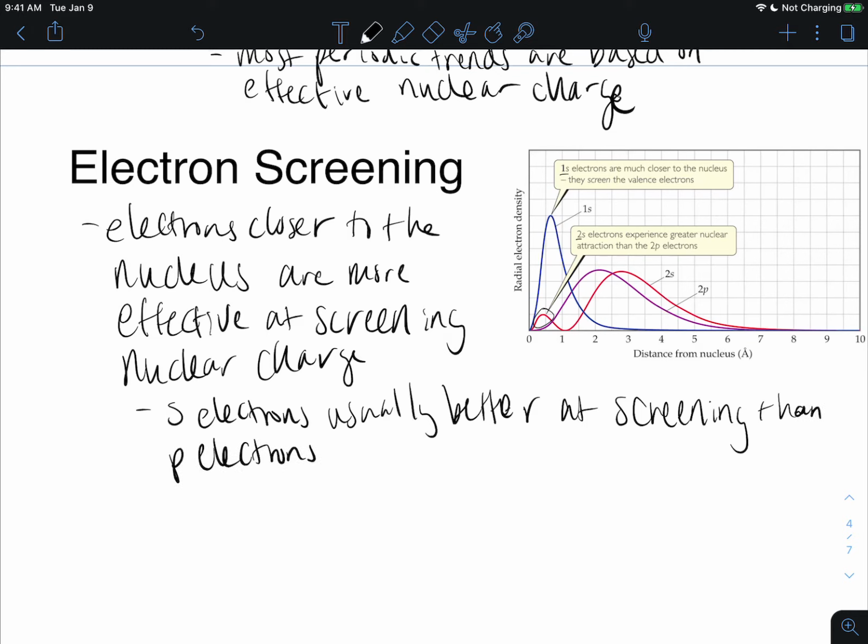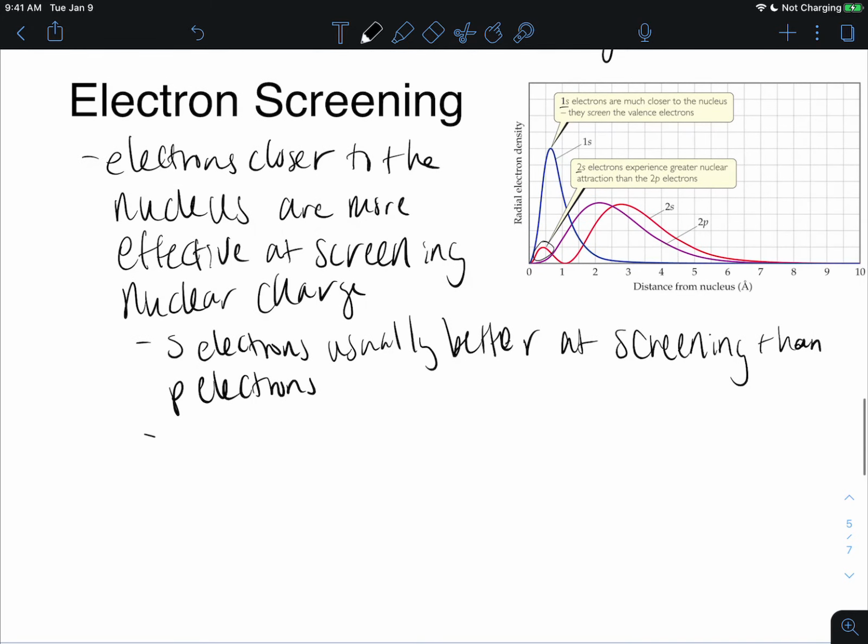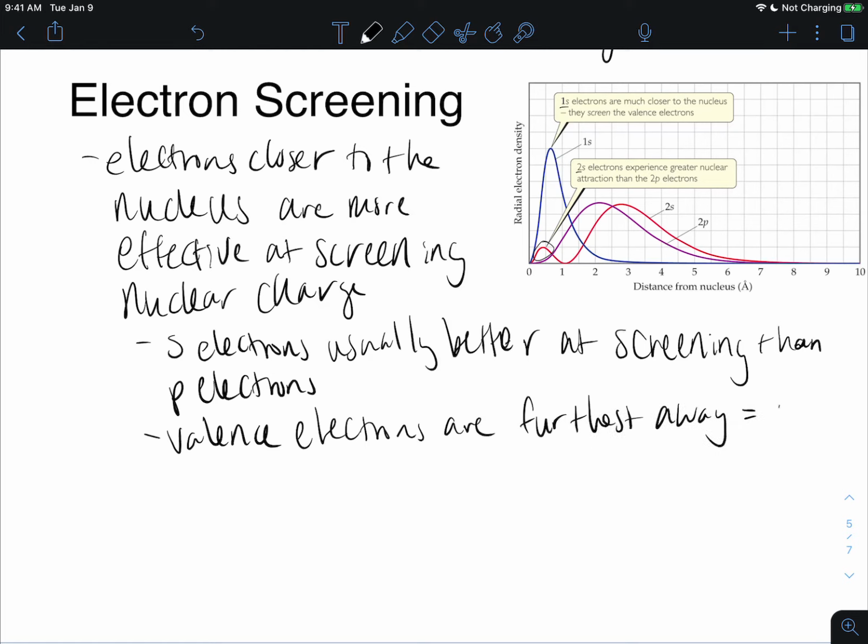Okay. And then our valence electrons, those are very, very far away from our nucleus, so they're going to shield the least. Or screen the least.